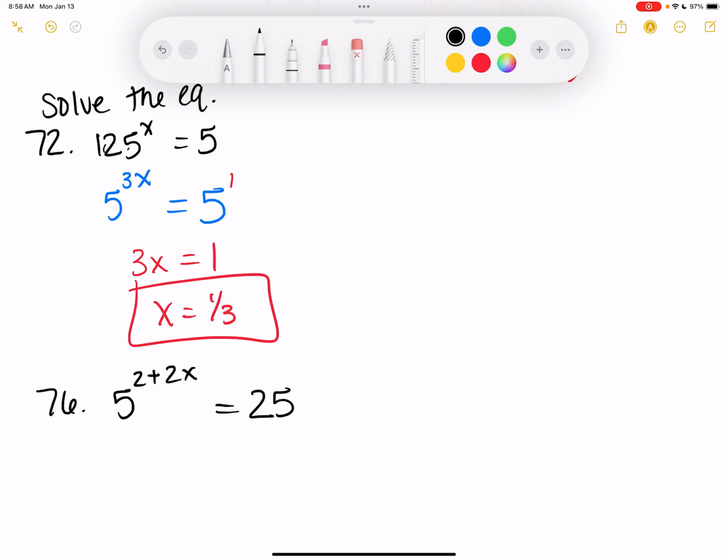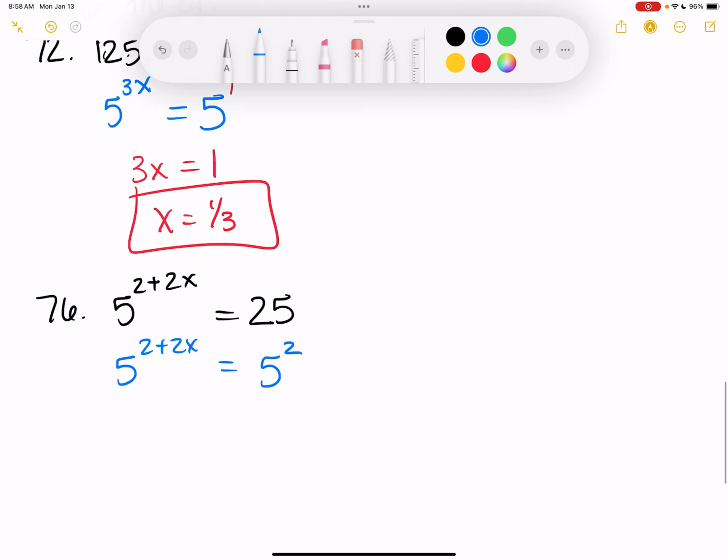Yep. So 5 to the 2 plus 2x equals 5 squared. So then, same base, I can take their powers and set them equal to each other. So 2 plus 2x equals 2. So subtract 2. Got 2x equals 0.